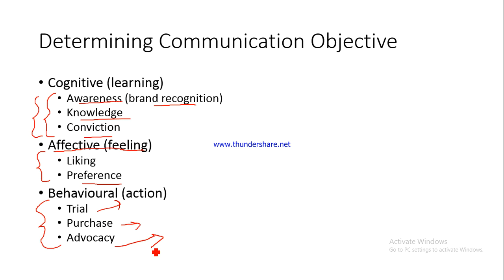So there could be different objectives that you can have. It could be the cognitive objectives like increasing awareness, telling people about your brand and convincing them about the attributes of your brand, to make them like your brand or prefer your brand over the other brands in the market, to make them try out your brand, to make them purchase your brand, and to make them share good, favorable information about your brand.